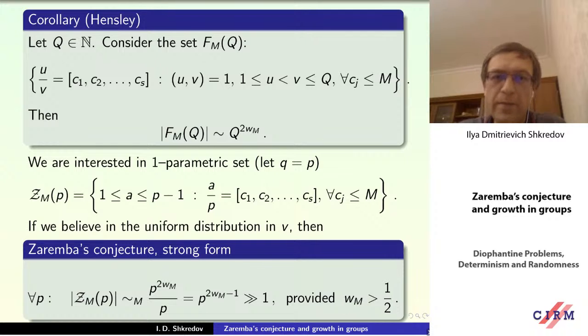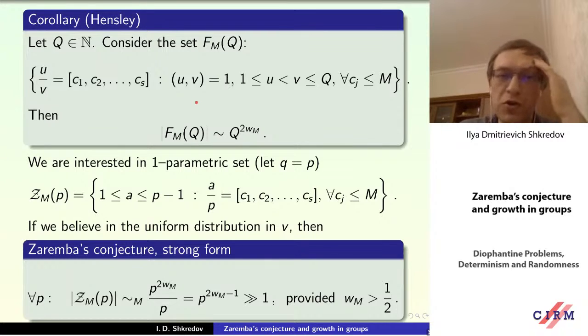So why do we believe in this Hausdorff dimension greater than 1/2? Hensley derived the following consequence of his result about Hausdorff dimension. He considered the following discrete, now discrete, two-parametric set. So he considered all ratios of the form u over v such that all a_j are bounded by M, and u and v run from 1 to Q and u and v are coprime.